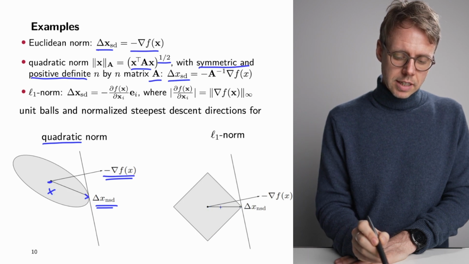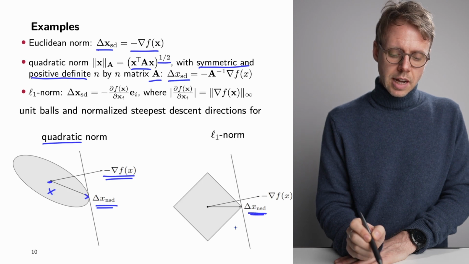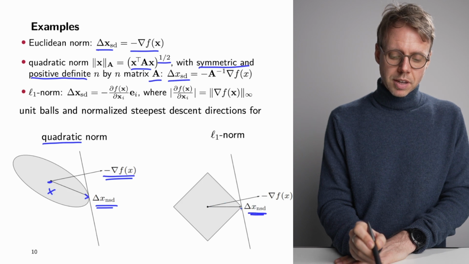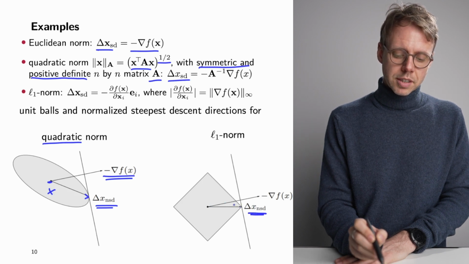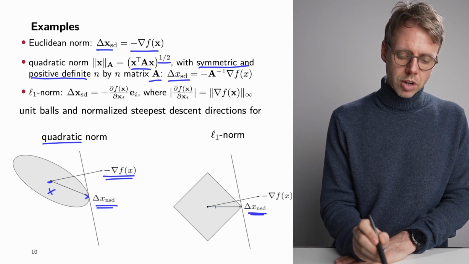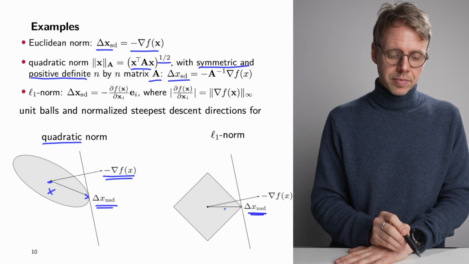And we again see that the steepest descent direction does not align with the negative gradient, but rather follows only a single coordinate. So if this is R^2, we're only moving along one of the two dimensions.